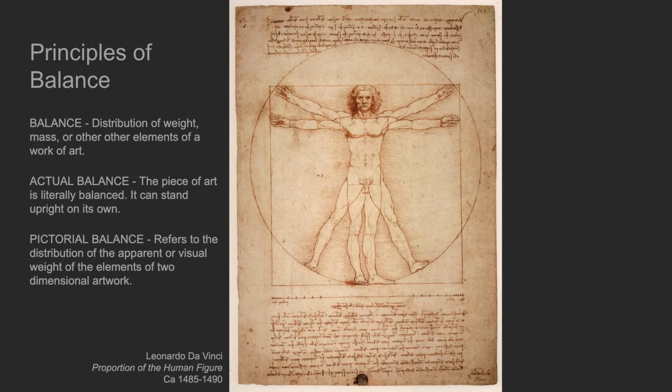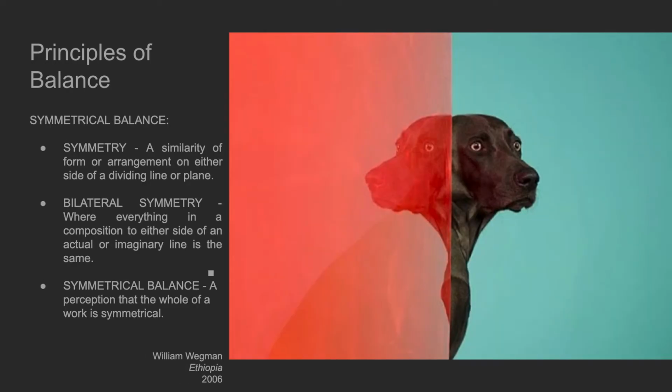Pictorial balance, objects don't have to be balanced in the picture. In fact, when you talk about pictorial balance, you're talking about how the artwork is organized. One of the definitions for balance is symmetrical balance.